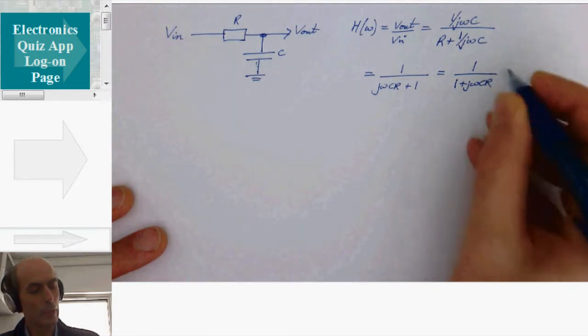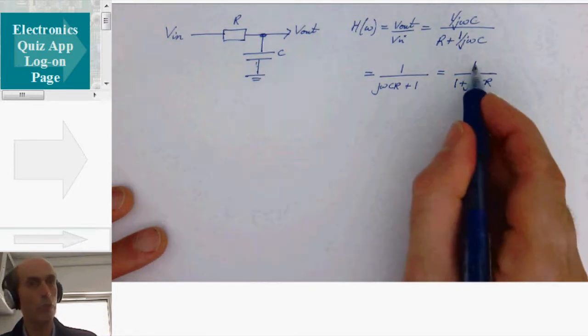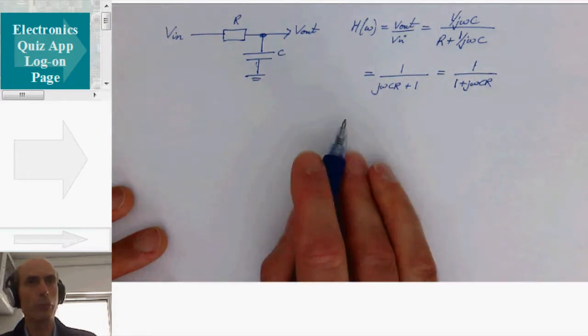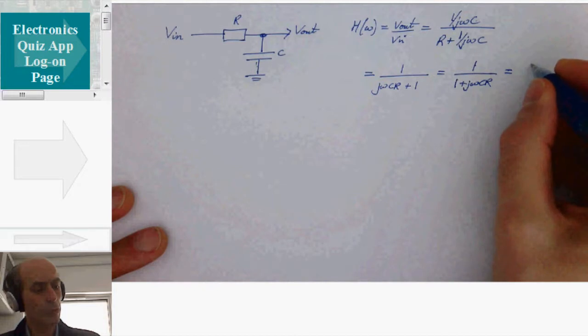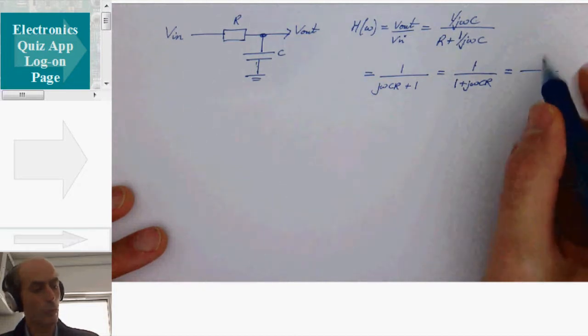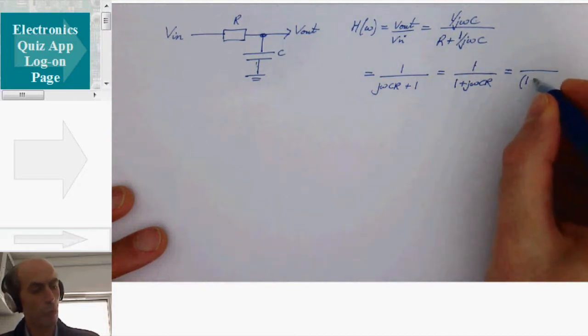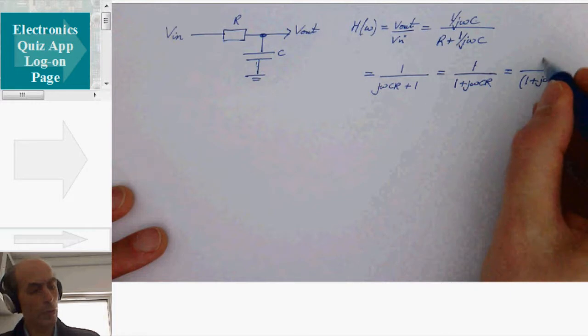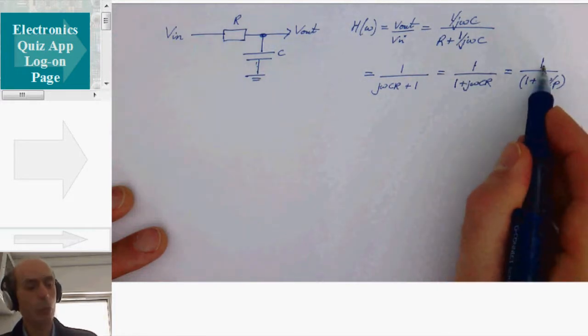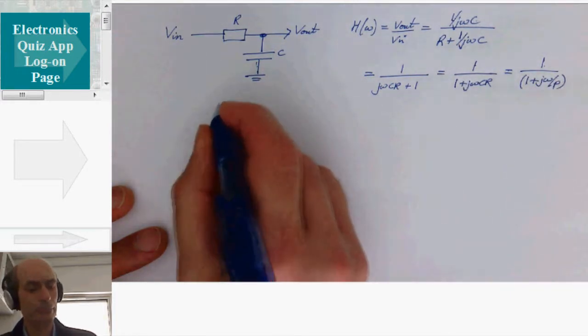and we can see that we now have a polynomial on the top and a polynomial on the bottom. Compare that to the standard form, which is just the zeros on the top and the poles on the bottom of this form here, j omega divided by the pole frequencies. Well, on the top we've only got 1, so we have no zeros at all.